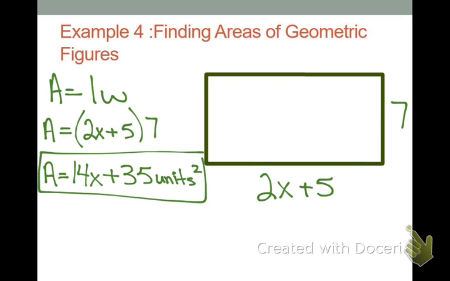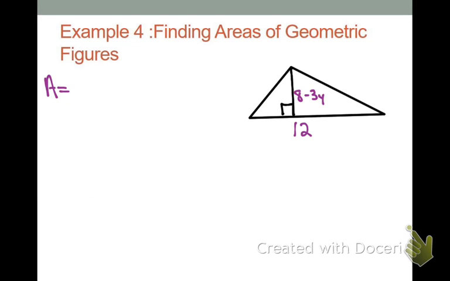All right, now what if it was a triangle? Go ahead and draw this triangle in your notes and try to remember the formula for the area of a triangle. The formula, 1/2 base times height. Write that on your notes. 1/2 base times height.